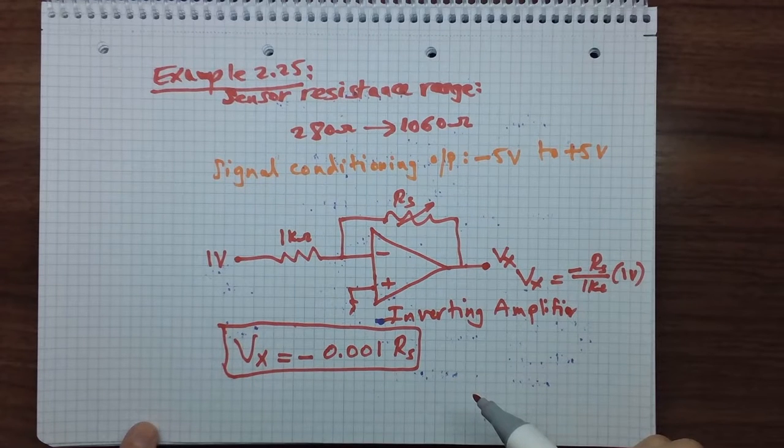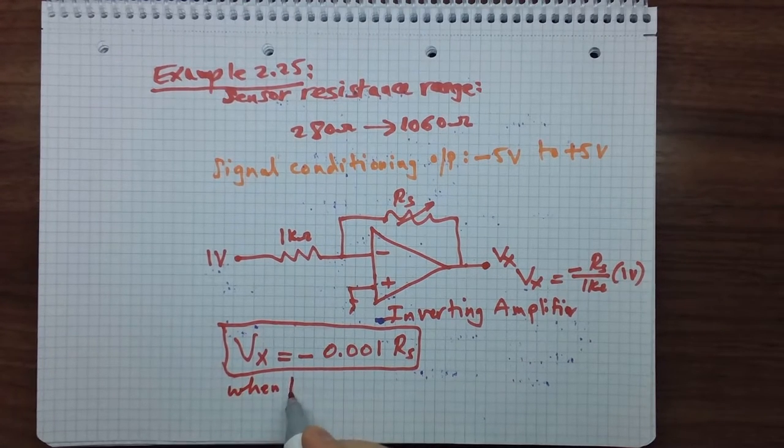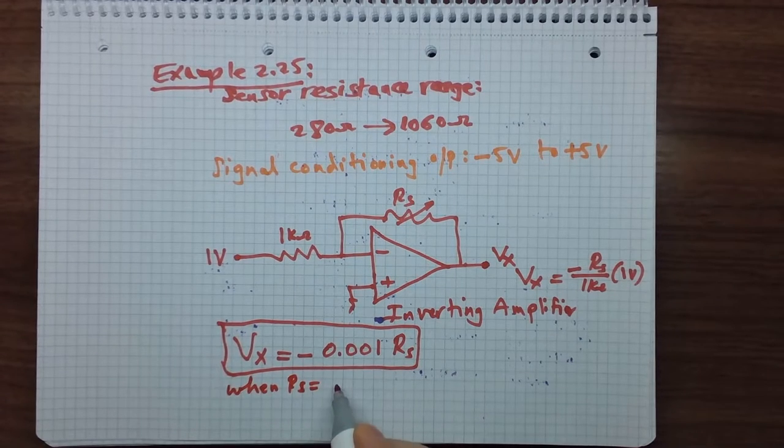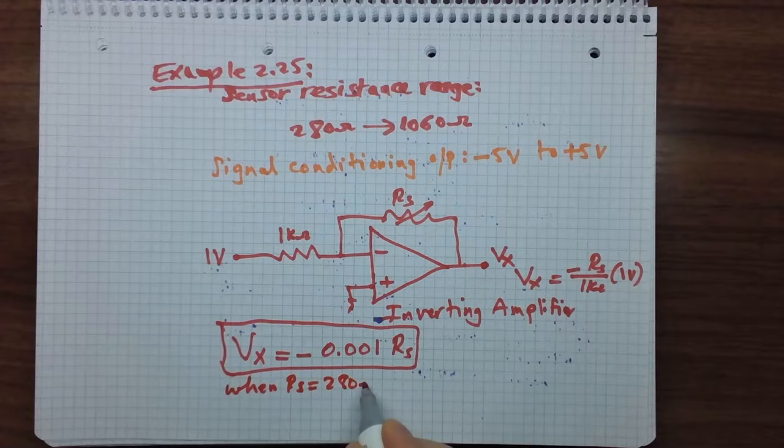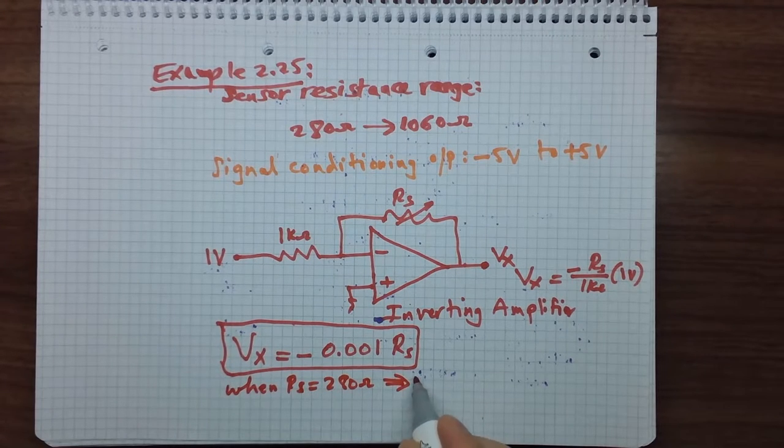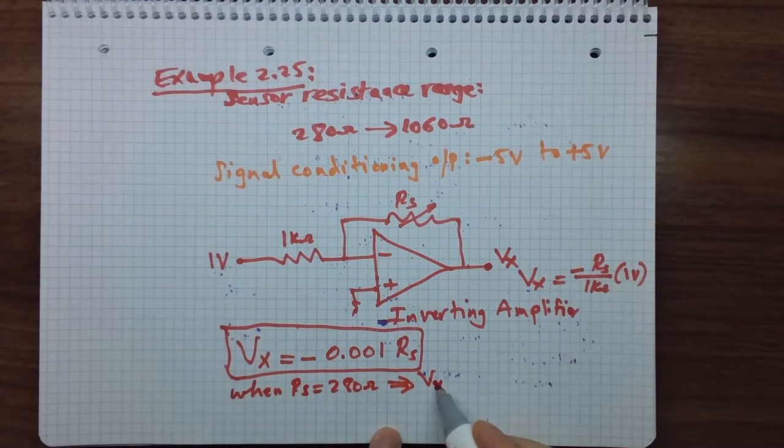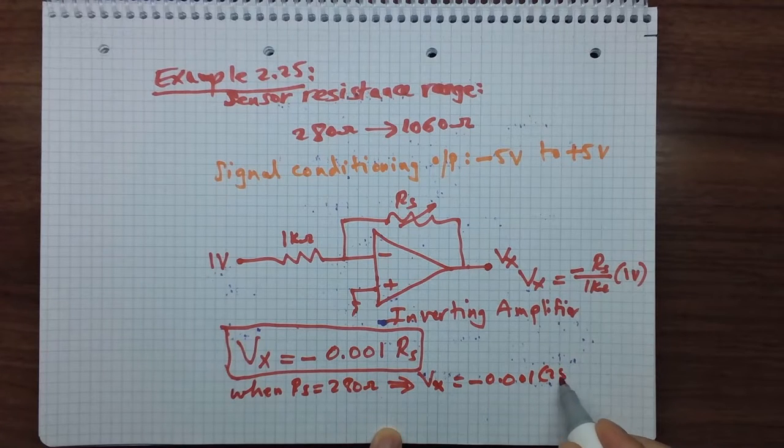Okay, so we can say Vx has a range. Say Rs is equal to 280 ohms. We have Vx is equal to minus 0.001 times Rs, which is 280 ohms, and this is equal to minus 0.28 volt.